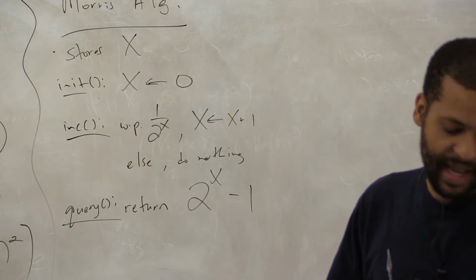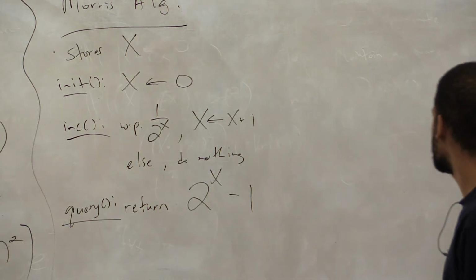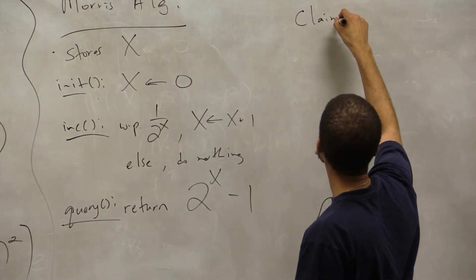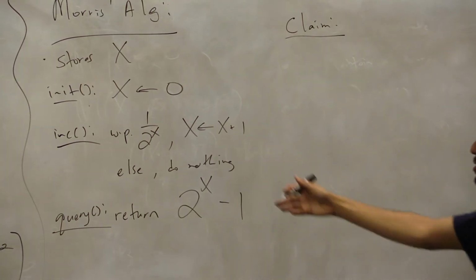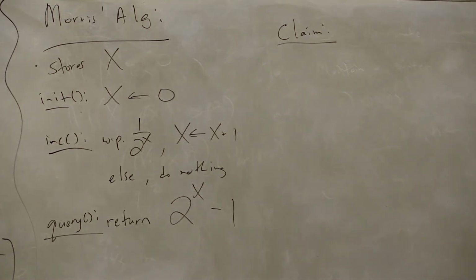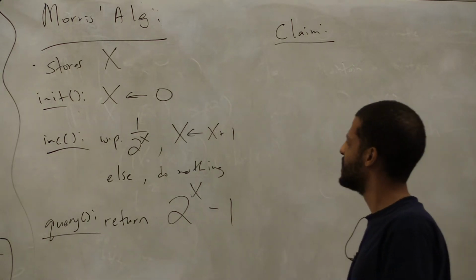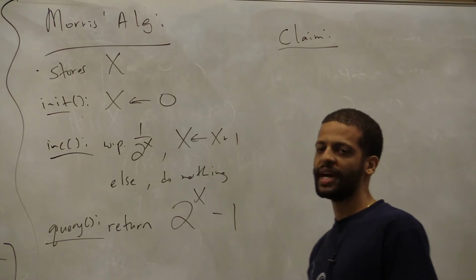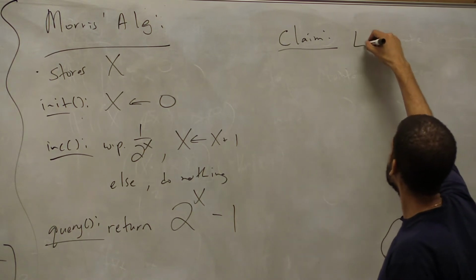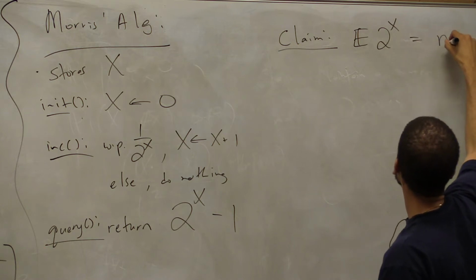So let's try to understand why this works. The first claim: notice that x here is a random variable, because I'm incrementing it in random ways as I run through the stream of increments. The first claim is that I can control the expectation of x. In particular, the expectation of 2 to the x is exactly n plus 1.